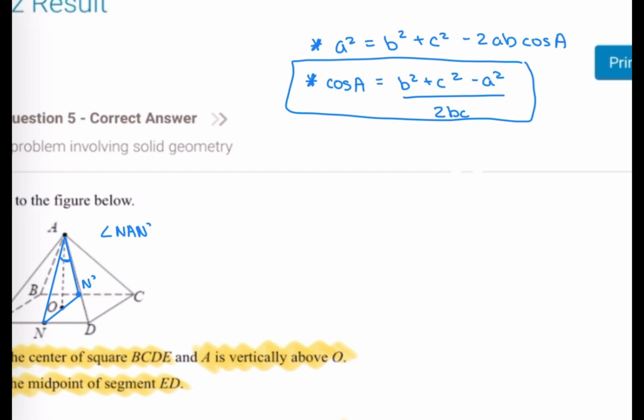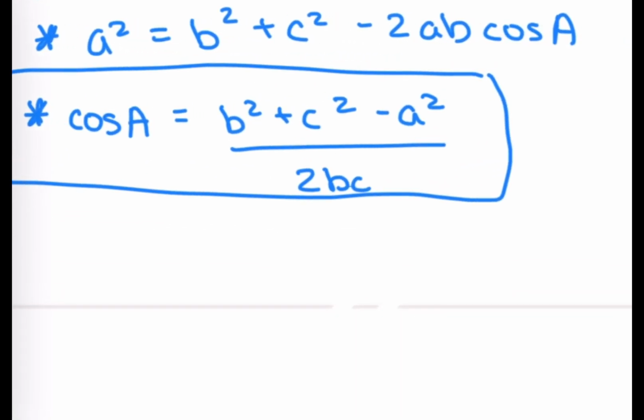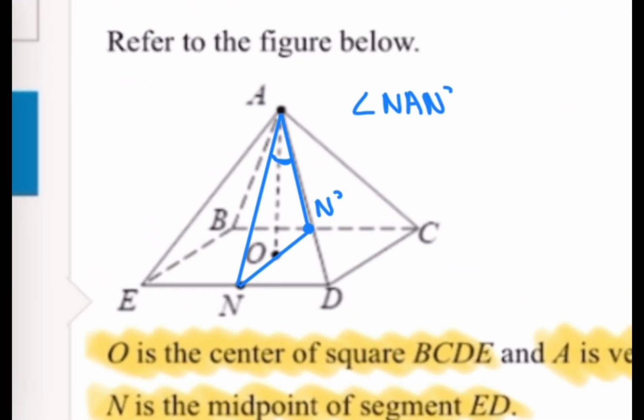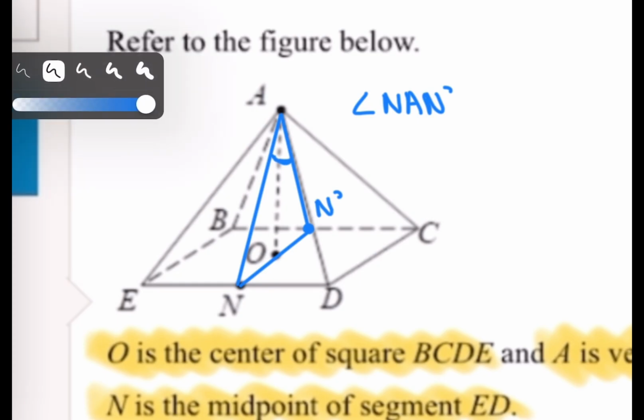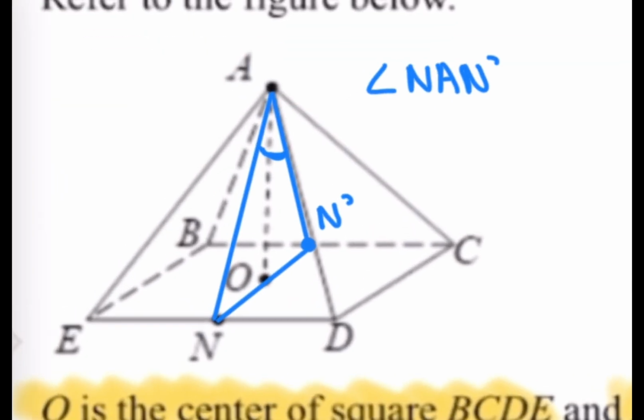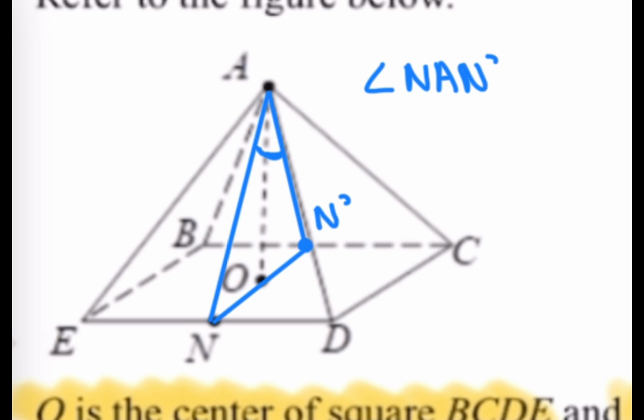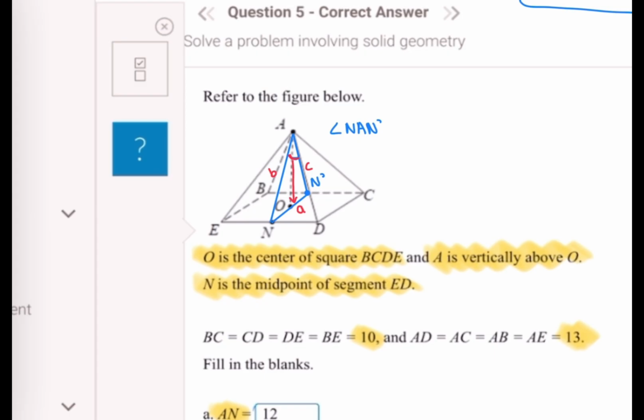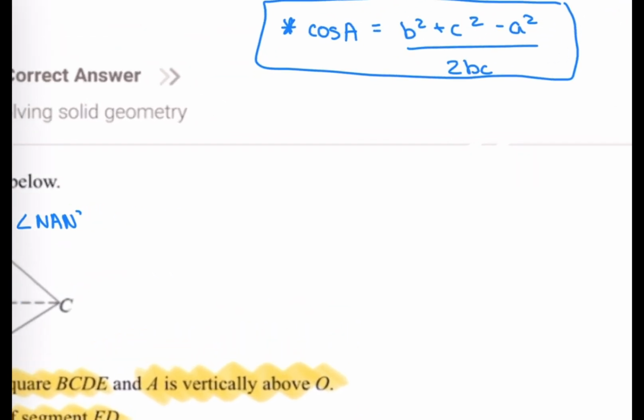So we're going to find the values for A, B, and C. A is always going to be the side that's opposite to the angle. So here is our angle, so our A is going to be this side, and then B and C are going to be the other two sides. Now let's replace into this formula.